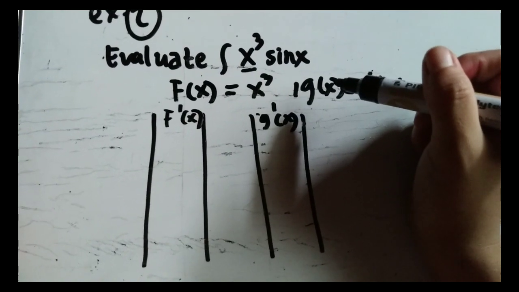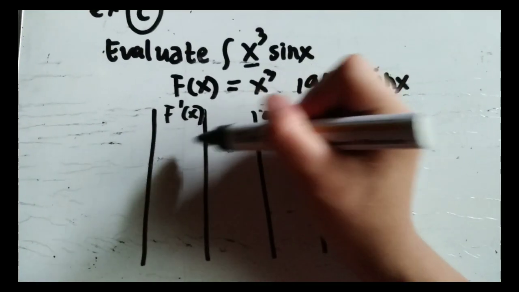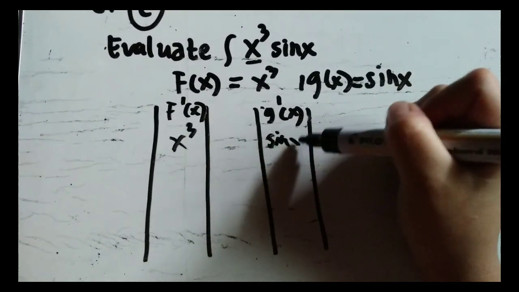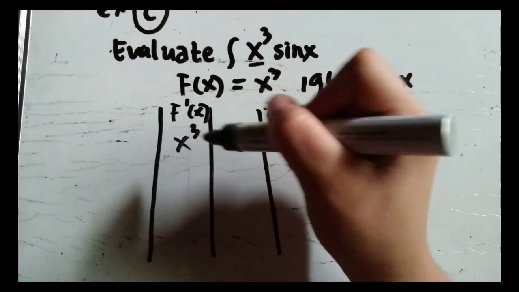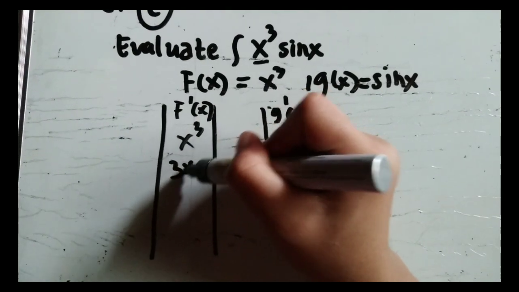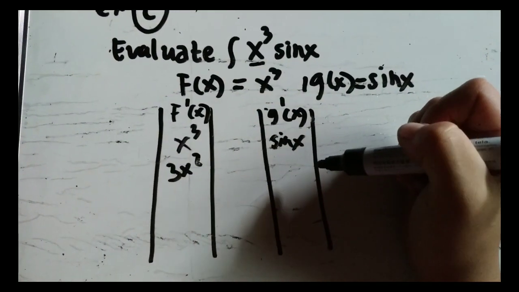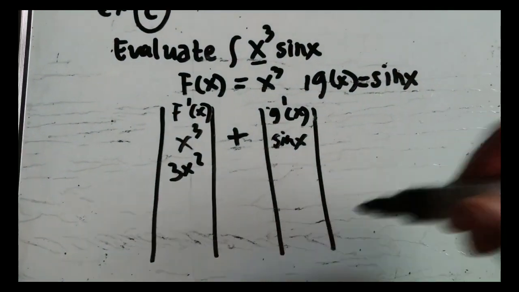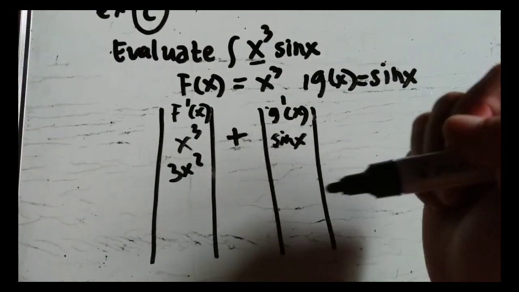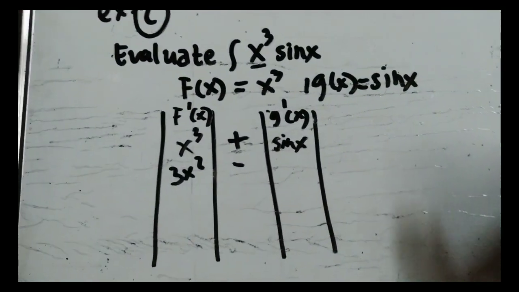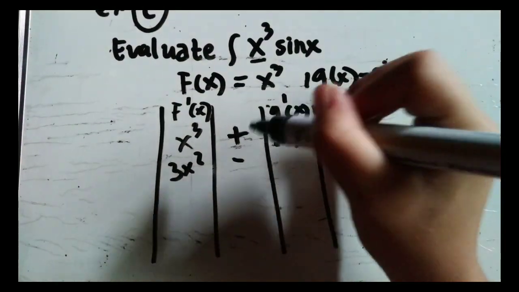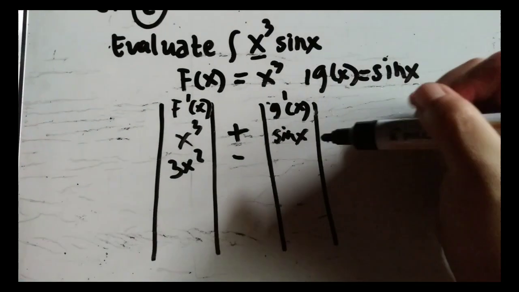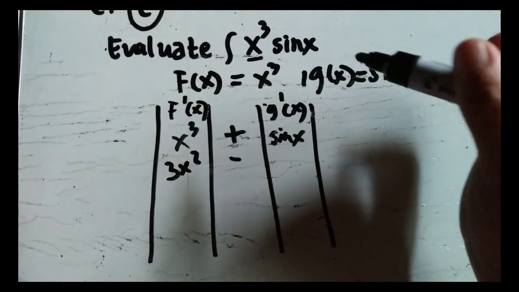So first let's copy x cubed and also sine x. The derivative of x cubed would be 3x squared. Then copy the sign first, plus, and the sign should alternate, so minus.